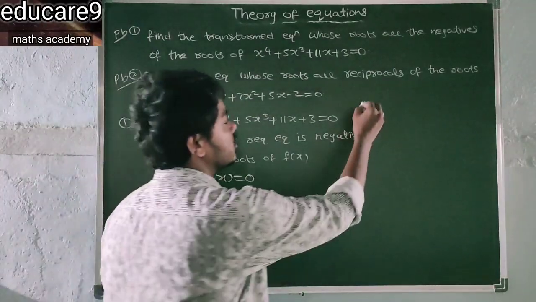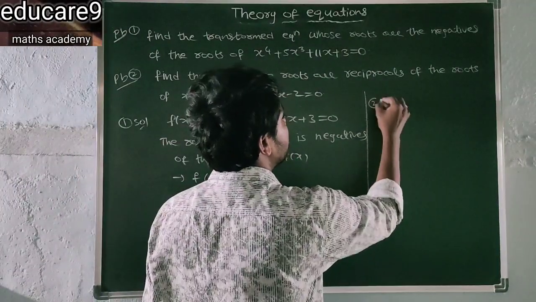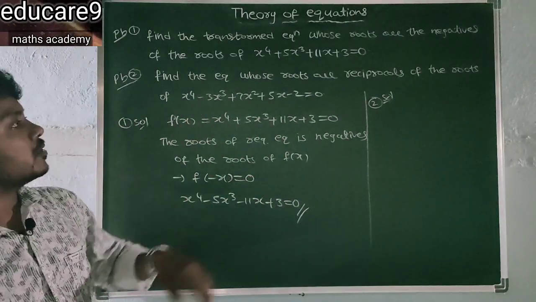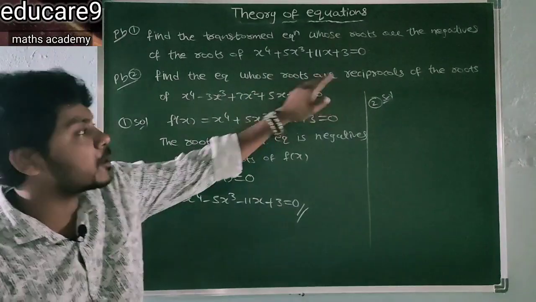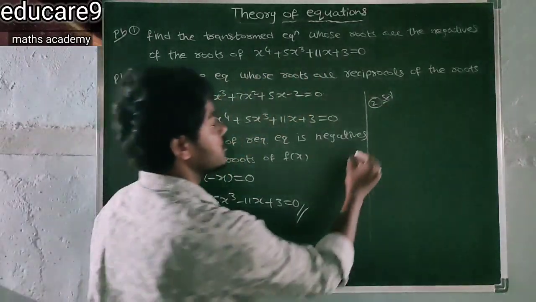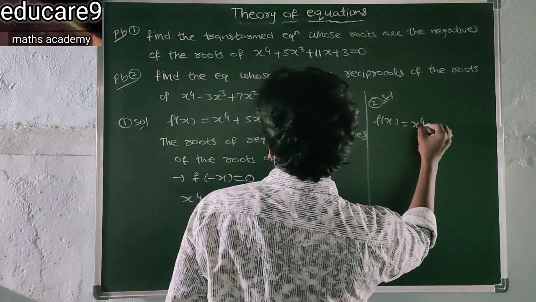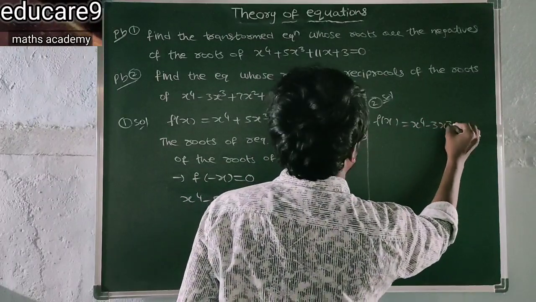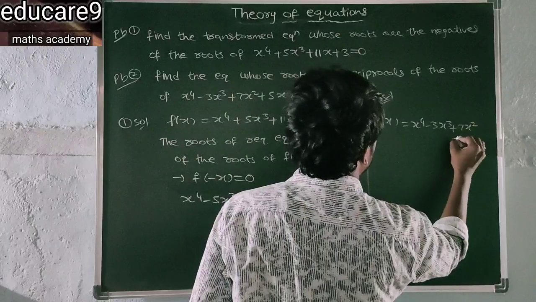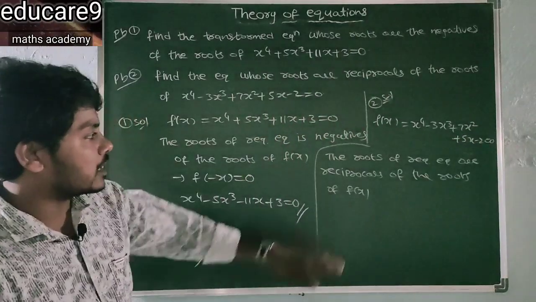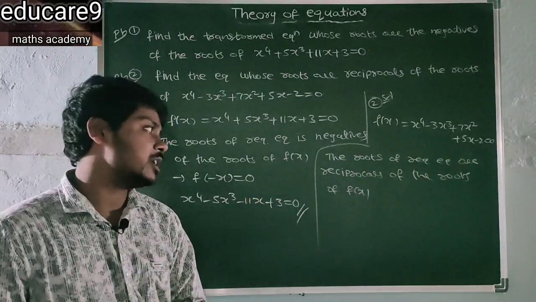And see the second solution. So this is f(x) here whose roots are reciprocal of the roots. So f(x) is x^4 - 3x^3 + 7x^2 + 5x - 2 is equal to 0. So here the roots of the required equation are what?